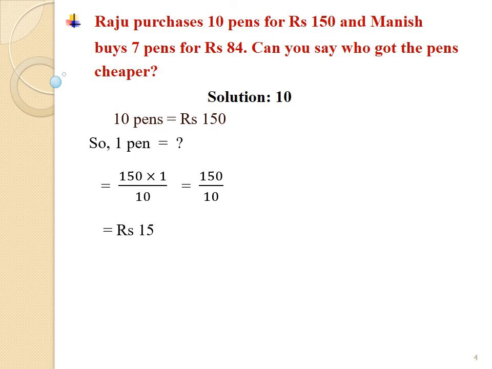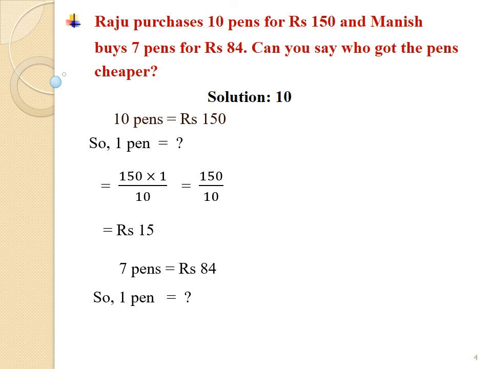Now, let us help Manish and find the cost of 1 pen. 7 pens equals rupees 84. So, 1 pen equals how much? By cross multiplying, we get 84 multiplied by 1 upon 7.